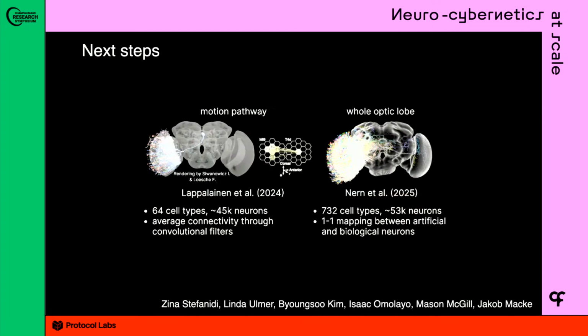So that was a quick summary of the work. We're continuing this work. We first worked on this motion pathway. That's what I told you about. Since then, this year, there's now publication of a connectome for the entire optic lobe, not just a small piece. And so it has a lot more cell types and a few more neurons.